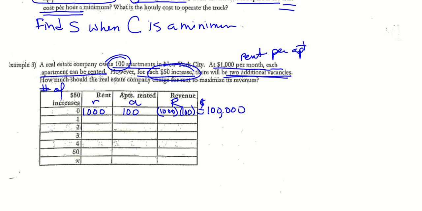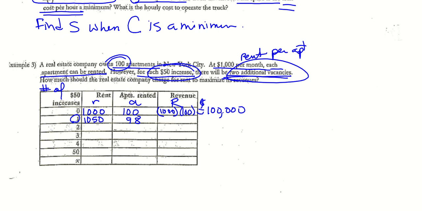Now, if we increase the rent one time by $50, then our rent is now $1,050. Right? But what this tells us is that every time we raise this rent, there will be 2 additional vacancies. So instead of renting 100 apartments, we would rent 98.